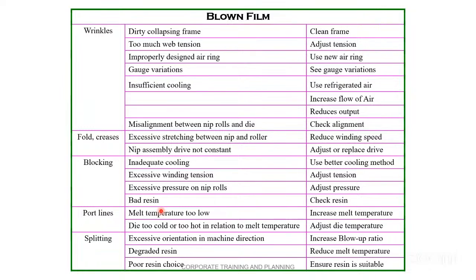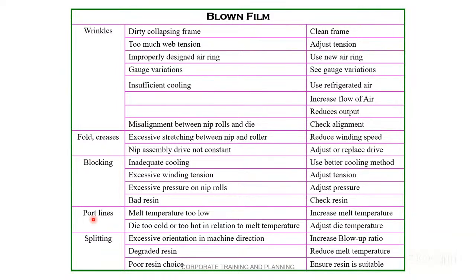The second part is die lines. The lines observed on the film are due to the melt temperature being too low. Because if the temperature is uniform, then you will get a smooth melt and a smooth thickness. Therefore, increase the melt temperature in this case.